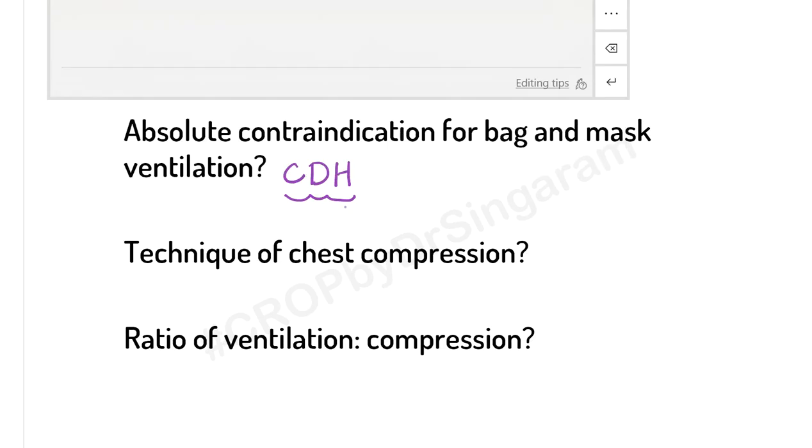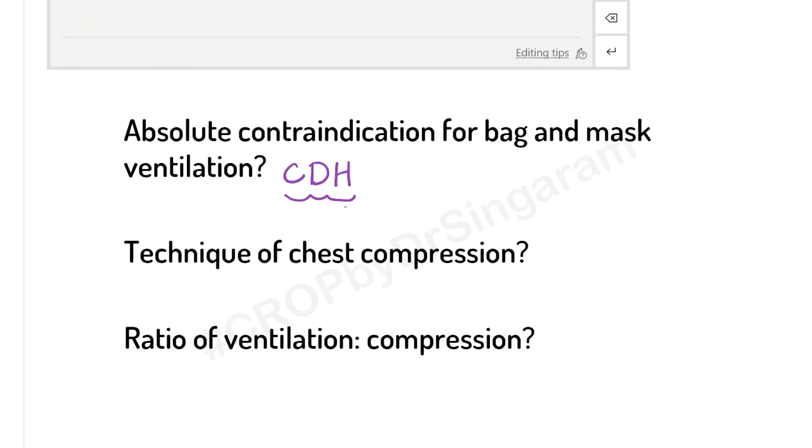Because in congenital diaphragmatic hernia, the intestines are already entering into the thoracic cavity, compressing the lungs. If you give bag and mask ventilation, the oxygen will not only enter into the lungs, it will also enter into the intestine, causing further distension. When the intestines distend, they are going to cause further compression of the lungs and a bigger problem. So that is why bag and mask ventilation is contraindicated in congenital diaphragmatic hernia.